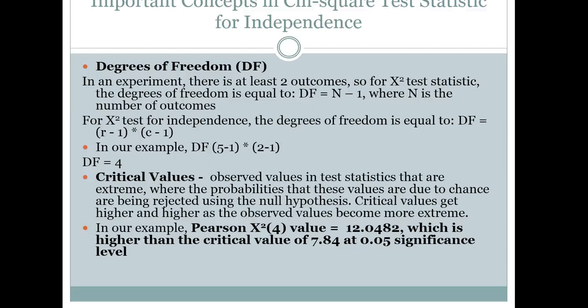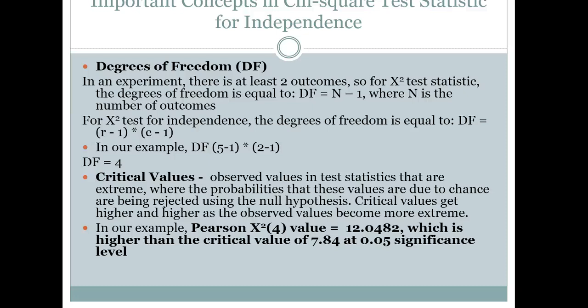What about critical values? Well, I think we keep talking about this for almost every test statistic. These are the observed values in test statistics that are extreme, and they indicate that the probability that these values are due to chance is being rejected using the null hypothesis.